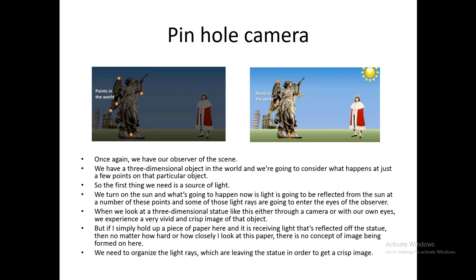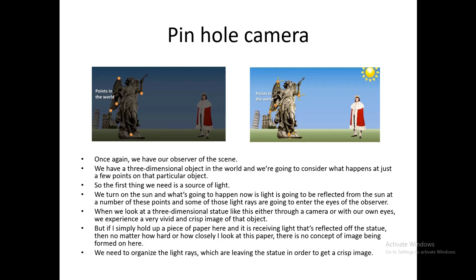Once again we have an observer of the scene, and we have a three-dimensional object in the world, and we are going to consider what happens at just a few points on that object. The first thing we need is a source of light.